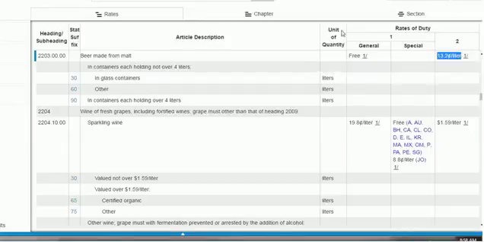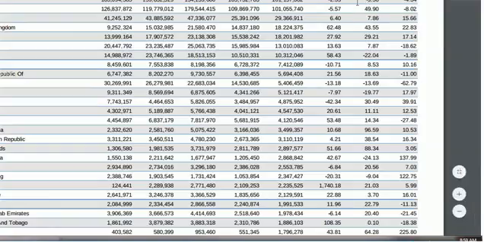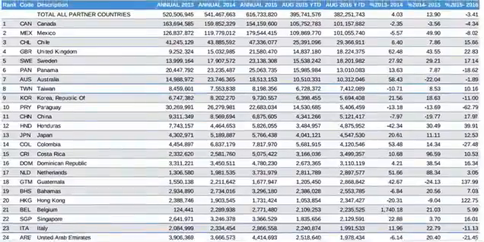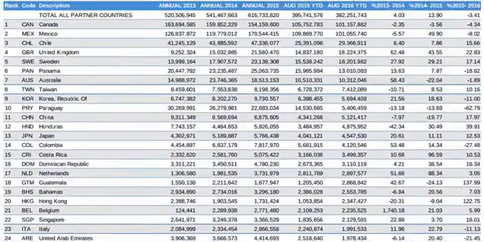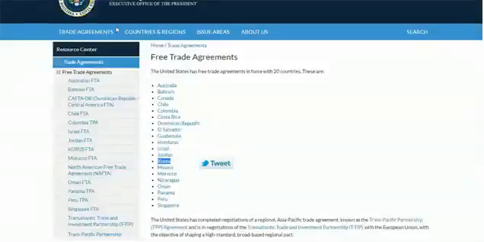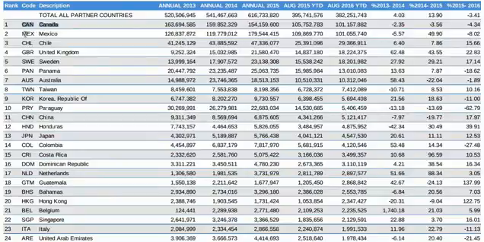So each market is individually specific. You can figure out which markets work for you as a company. But what we really want to do is focus on the fact that if you are doing business overseas or this is your first time exporting, look for markets as a U.S. exporter that have a free trade agreement with the U.S. Start with these markets as long as they're in the top 10 of your data set.